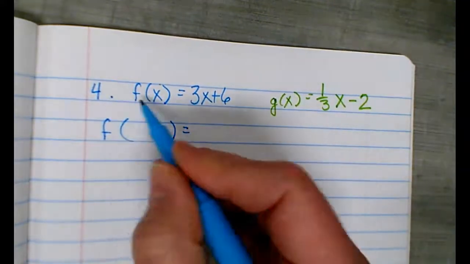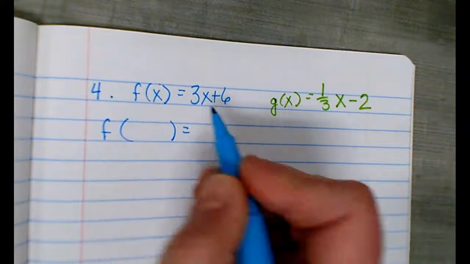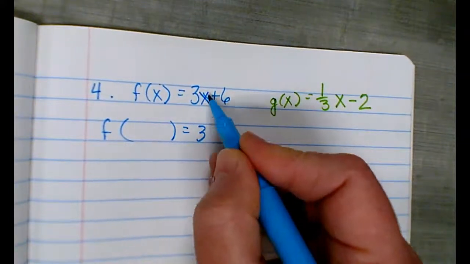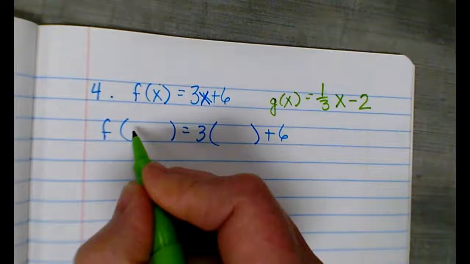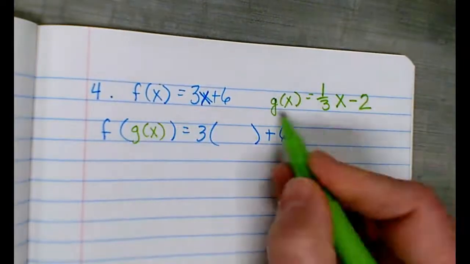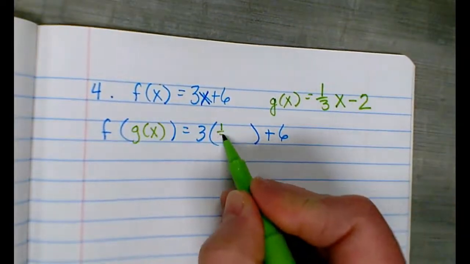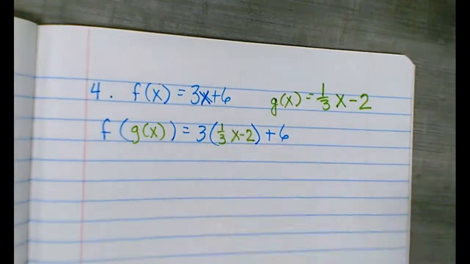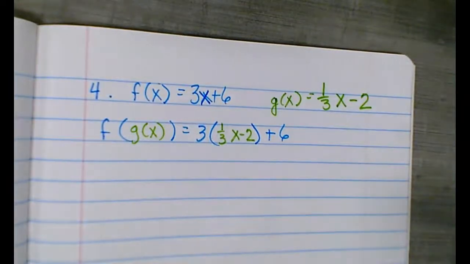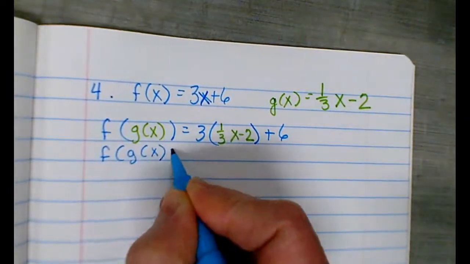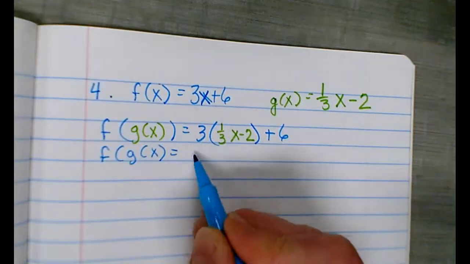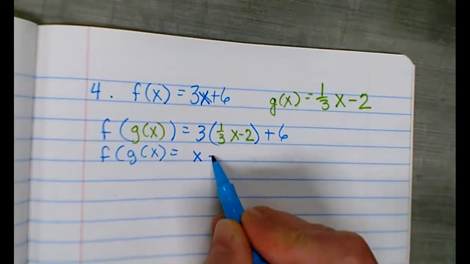And so I'm going to do a composite starting with f, and in place of x, I'm going to substitute the function called g of x. I'm going to distribute the 3. 3 times 1/3. 3 times 2.